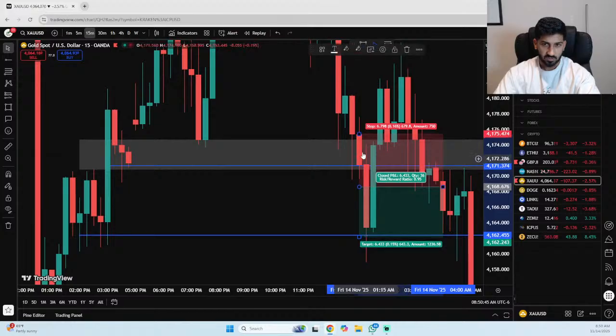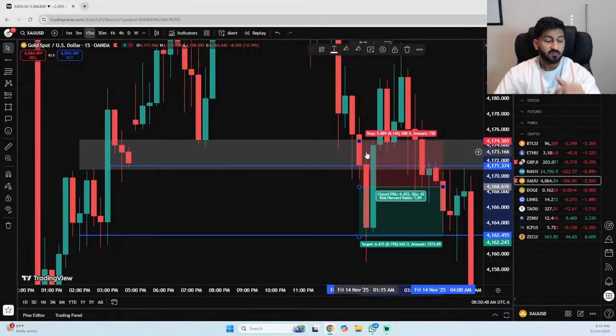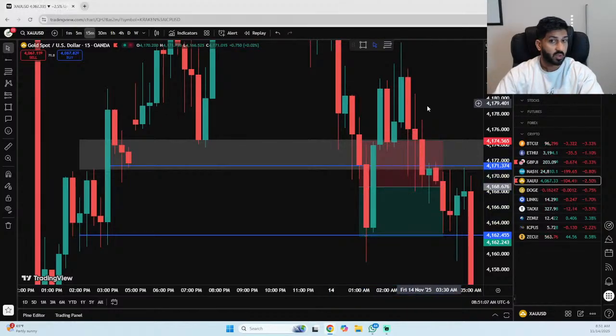If price is going to continue to push down, there is no reason for it to break above its own high. Once price breaks above a high, it's going to continue to push up, or if it breaks below the low, it's going to continue to go down. That's with volume.